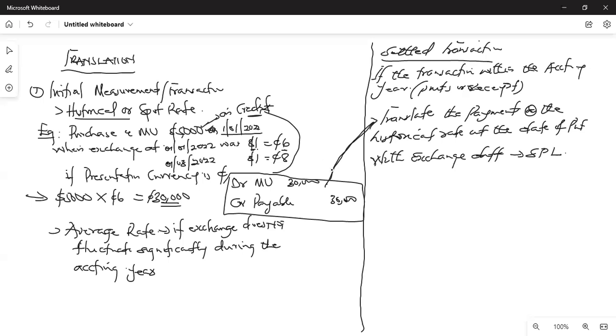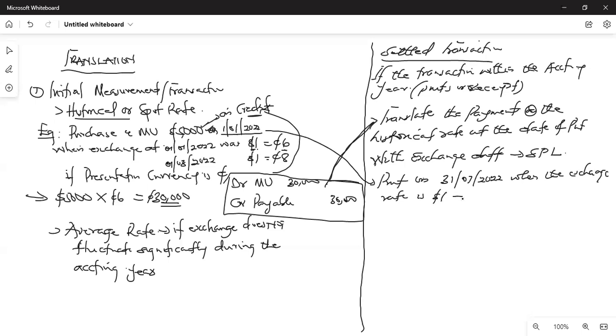Now, watch this. If we bought this and let's say we are making payment for this transaction on, let's say, 31st July 2022, when the exchange rate is now, let's use the Ghana situation.